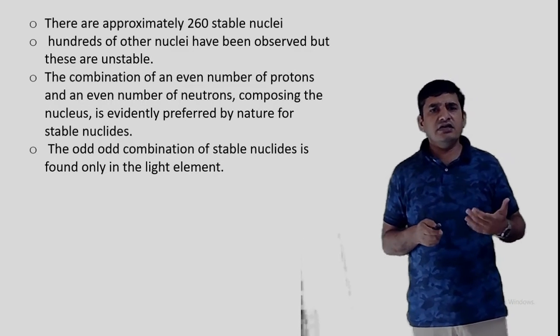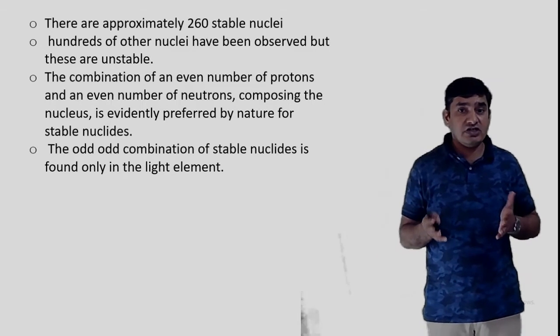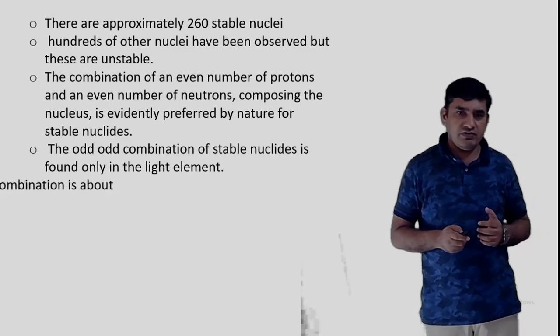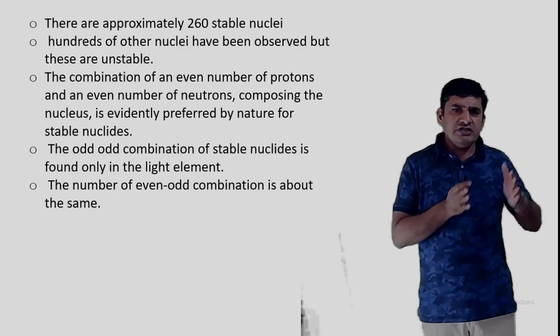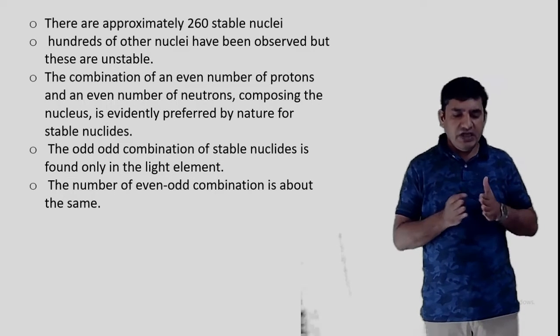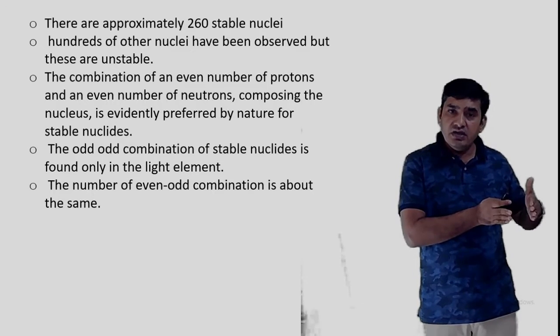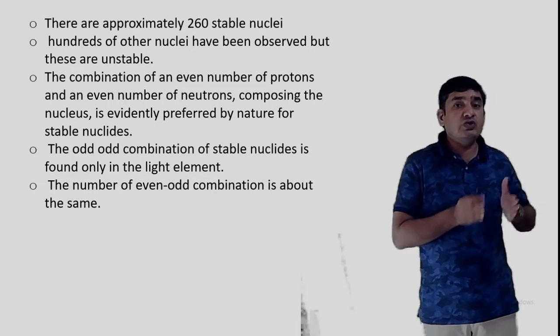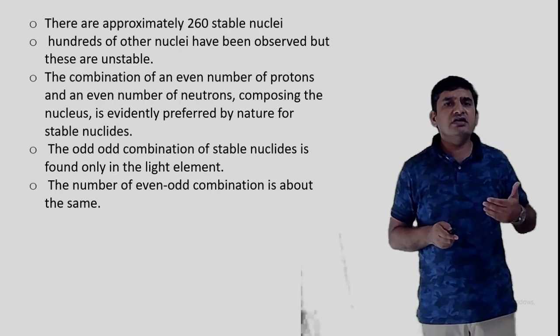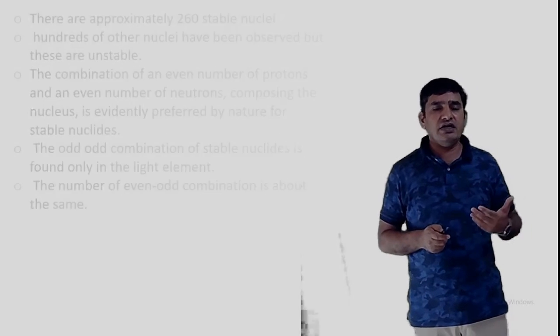If there is an even-odd combination, that is, the number of protons is even and the number of neutrons is odd, then the nuclei are unstable.